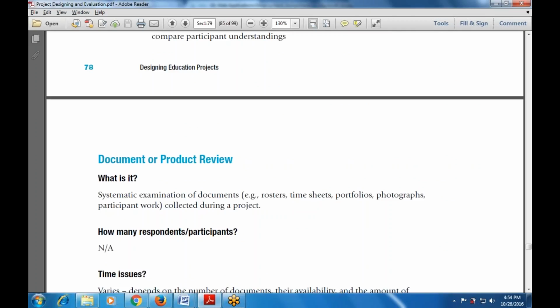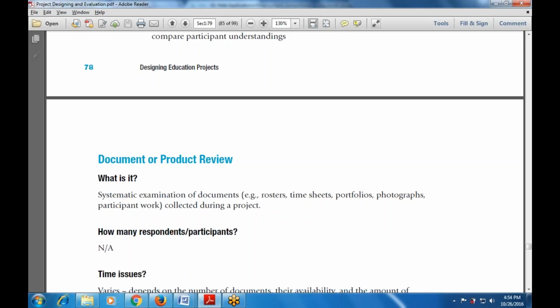So this is gathered for the systematic examination of the documents. Examination means we have to study the documents, whatever is collected during a project, whether rosters, timesheets, portfolios, photographs, or participant work.